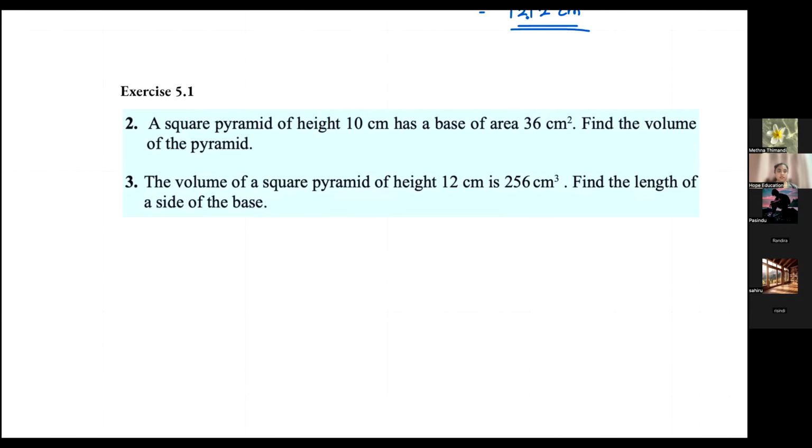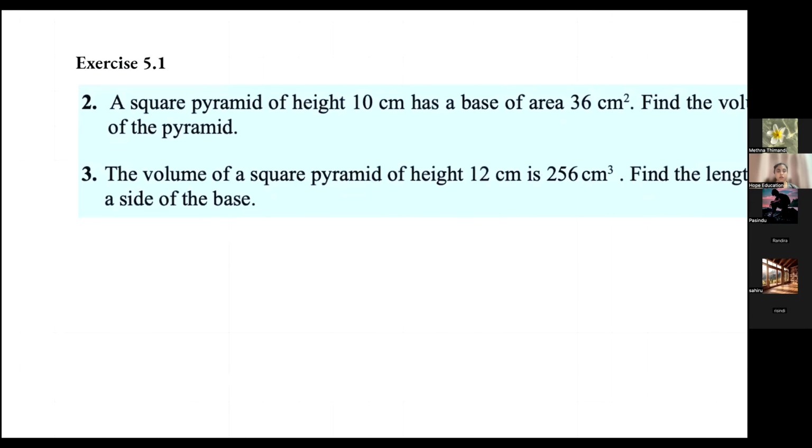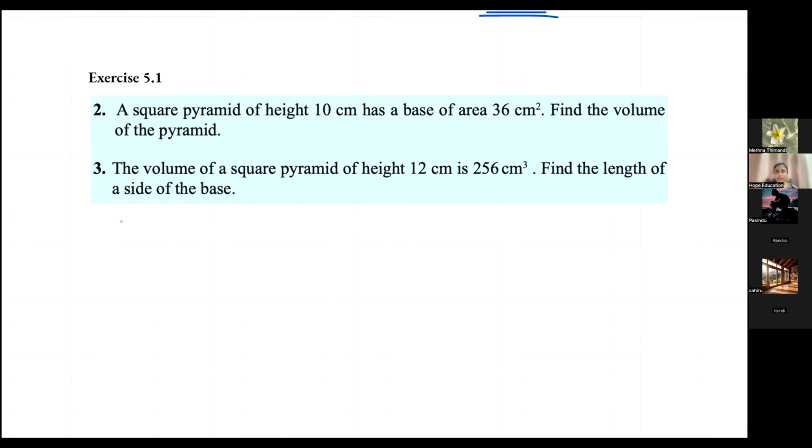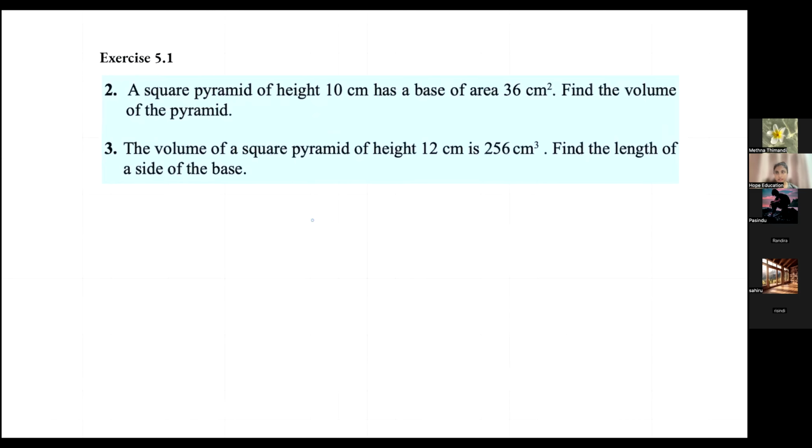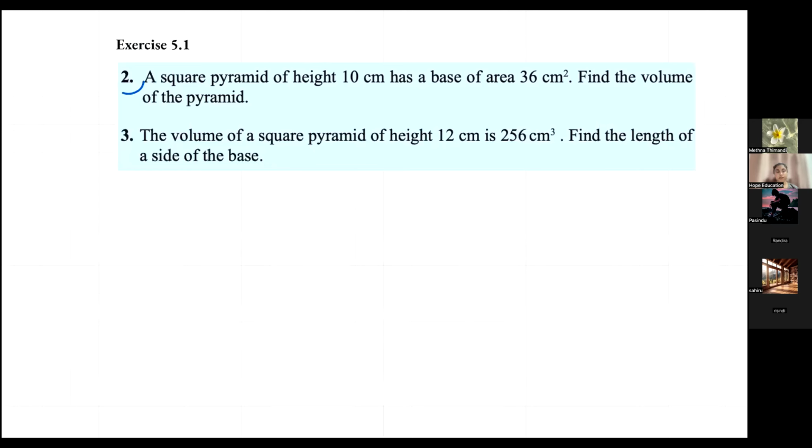Okay, let's discuss. Second one: a square pyramid of height 10 centimeters has a base of area 36 square centimeters. First of all, let's discuss the second one.